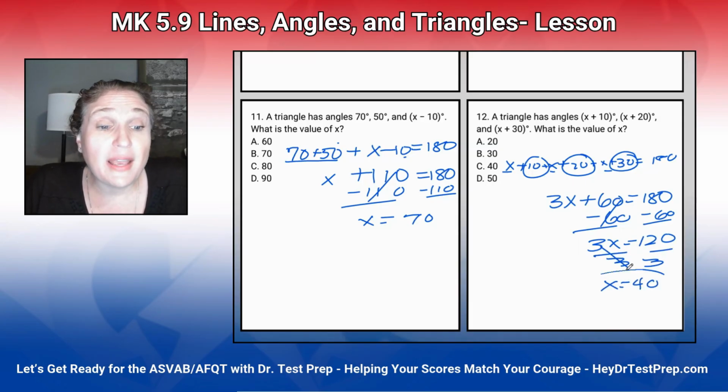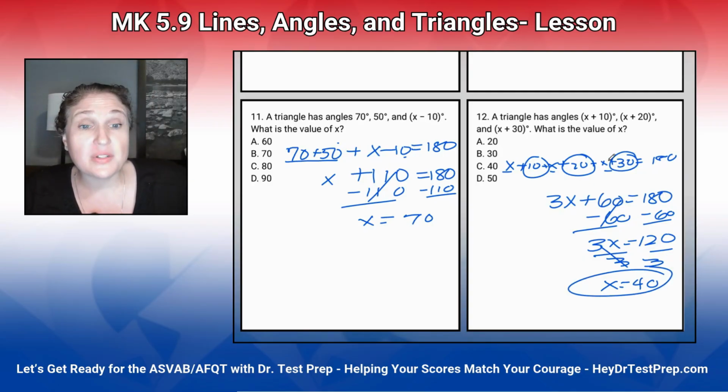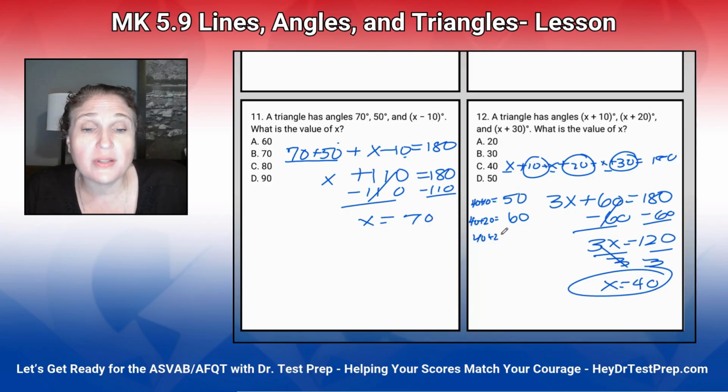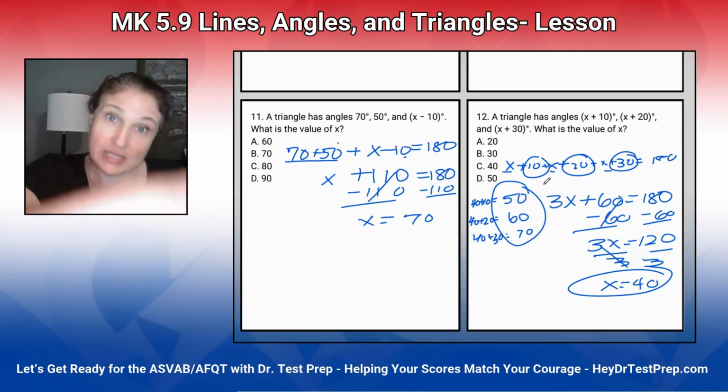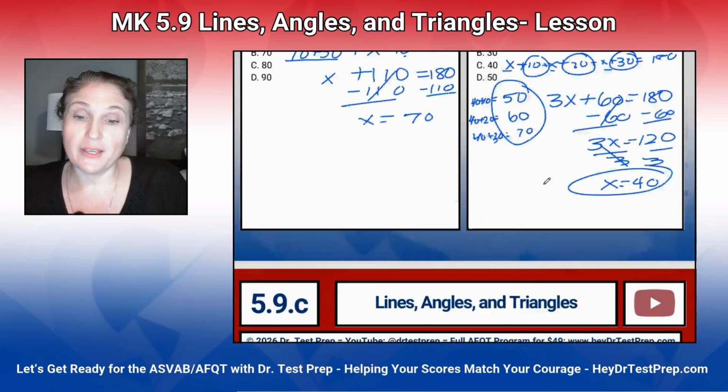Now, if they ask you what are the numbers, then we know we're going to do 40 plus 10 tells me one angle is 50. 40 plus 20 tells me another angle is 60, and 40 plus 30 tells me the other angle is 70. So if they ask you to find the angle, you just take the value and substitute it back in.